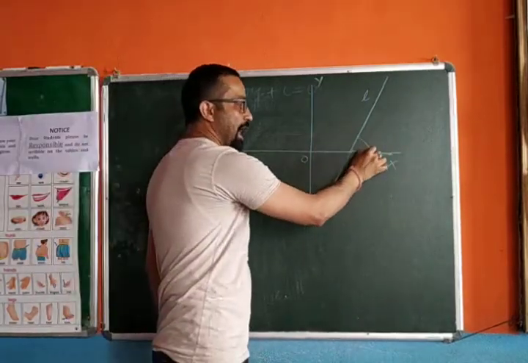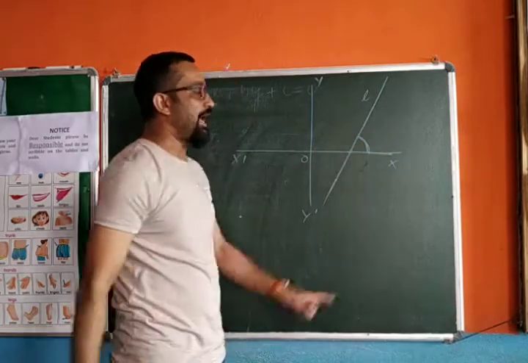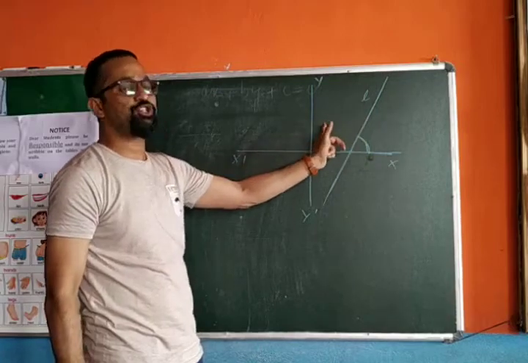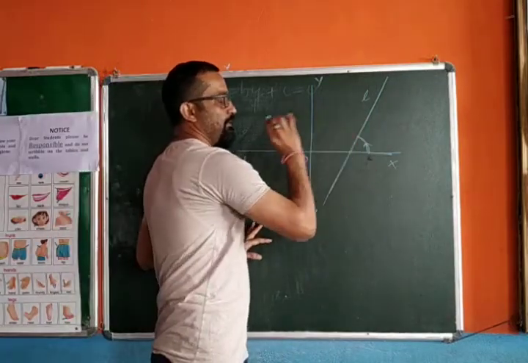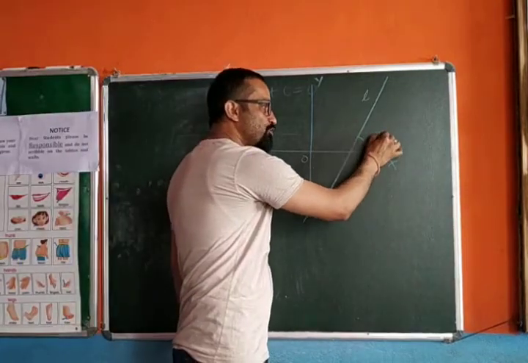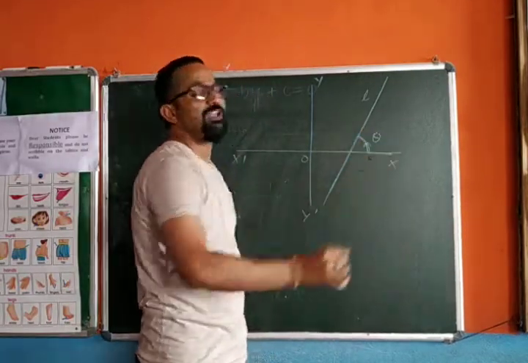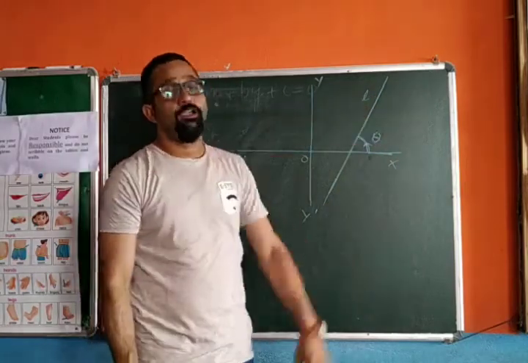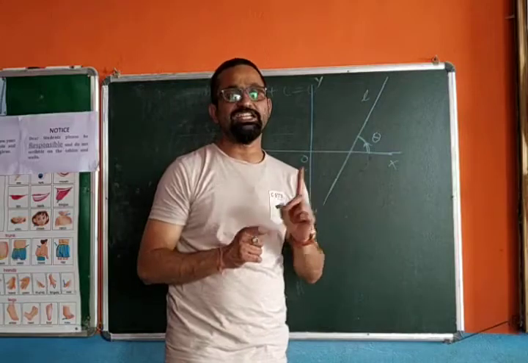It forms an angle here. And this angle is measured in anti-clockwise direction. The angle formed out here is known as angle of inclination, and it is denoted by symbol theta.